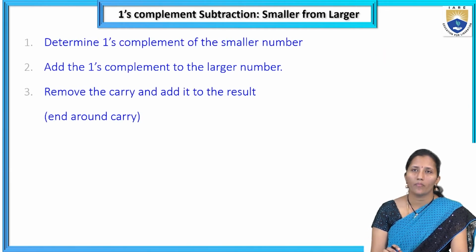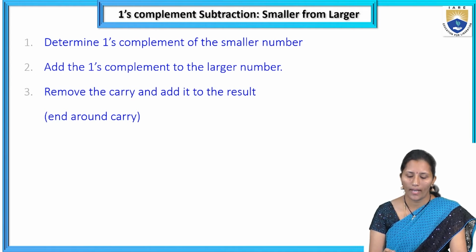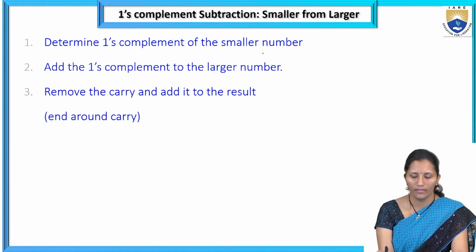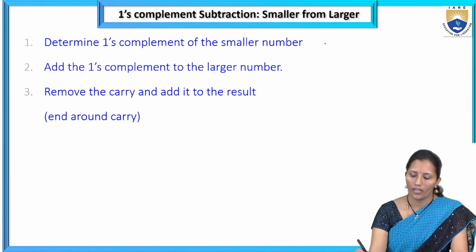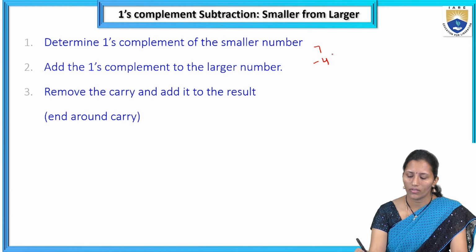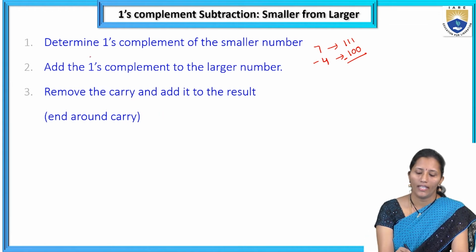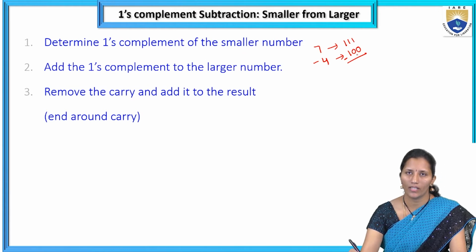So here is the procedure for 1's complement subtraction: determine the 1's complement of the smaller number. Suppose I want to perform 7 minus 4. 7 is represented by 1 1 1 and 4 is represented by 1 0 0. Here we are subtracting a smaller number from the larger number. The first step is to determine the 1's complement of the smaller number, which is 1 0 0.